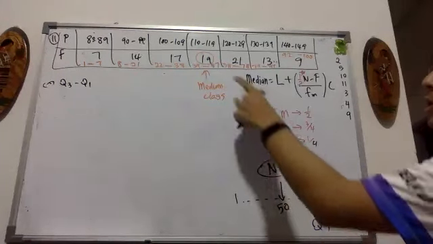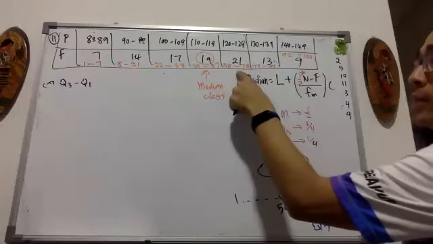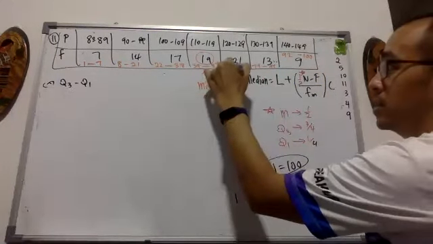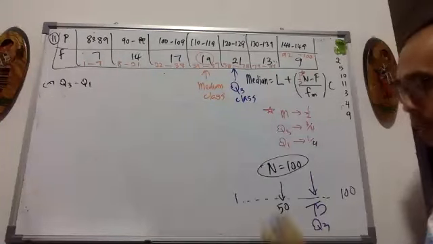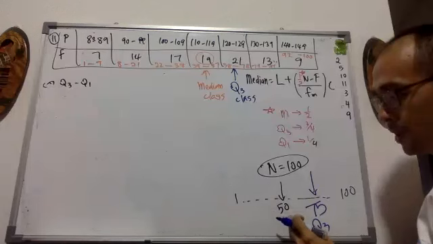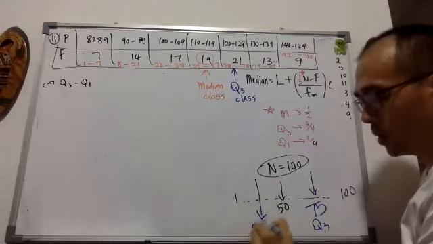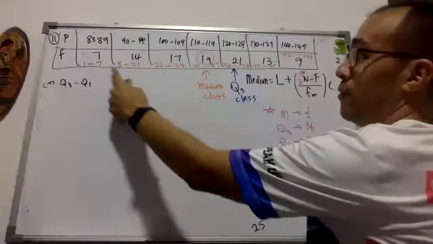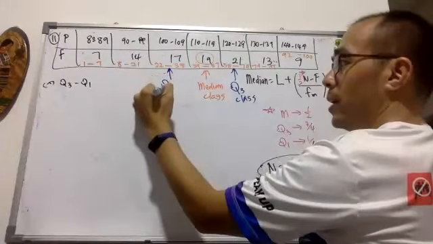Where is 75? 75 is in this group, 58 to 78, so this is the third quartile class. Between 1 and 50 is the first quartile class. The middle is 25, so we look for the 25th person, which is here. So this is the Q1 class.